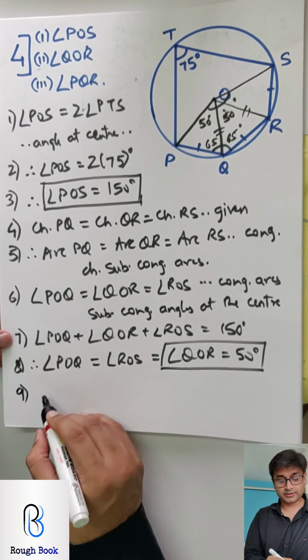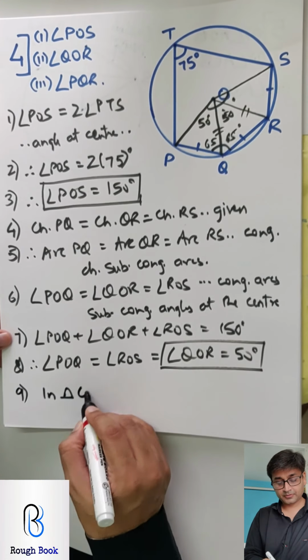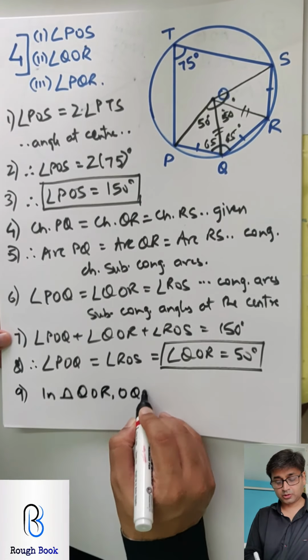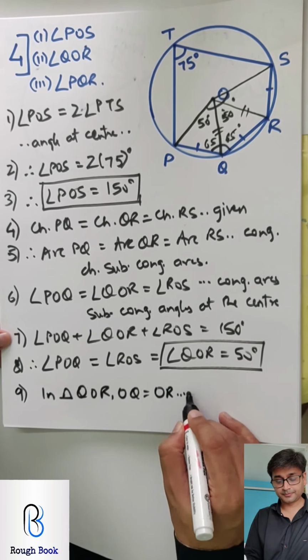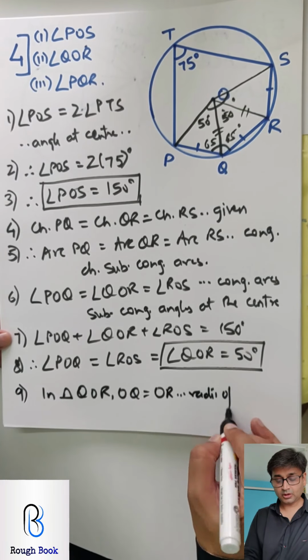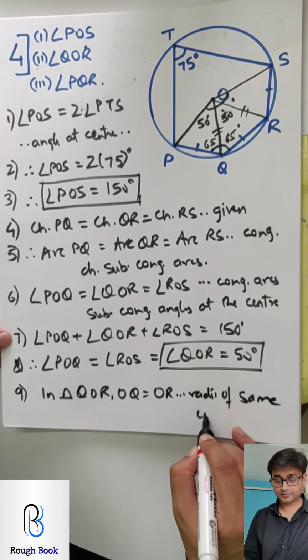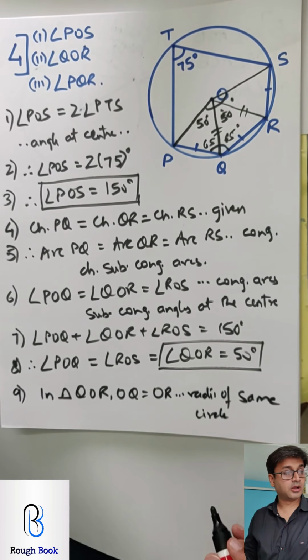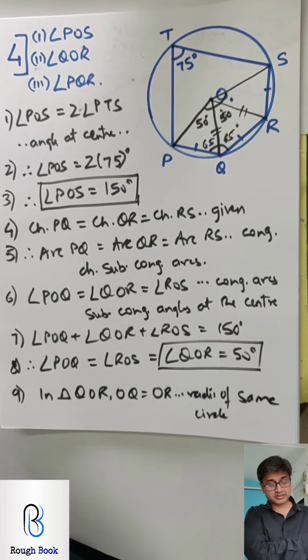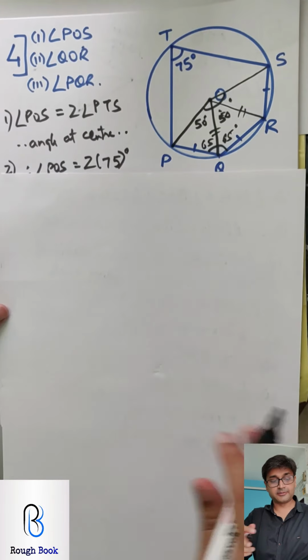Okay. So next one, in triangle QOR, OQ equals OR, radii of the same circle, and since these two are equal, the base angles are also equal. So let's take another sheet, step number 10.